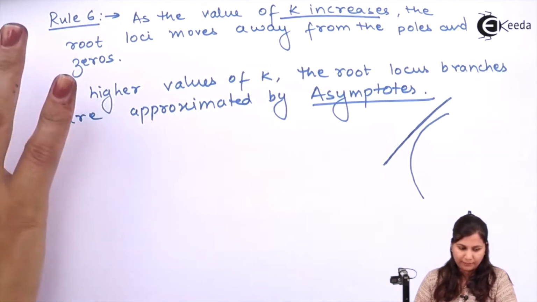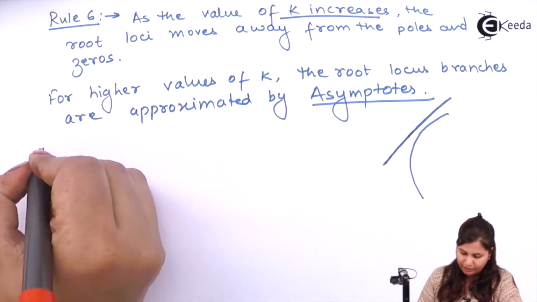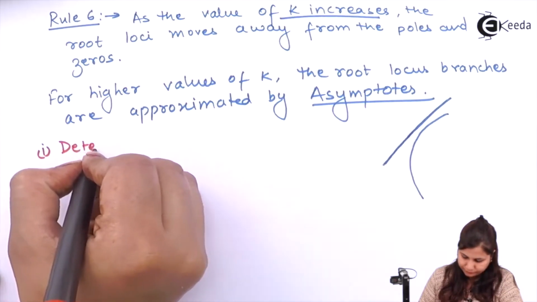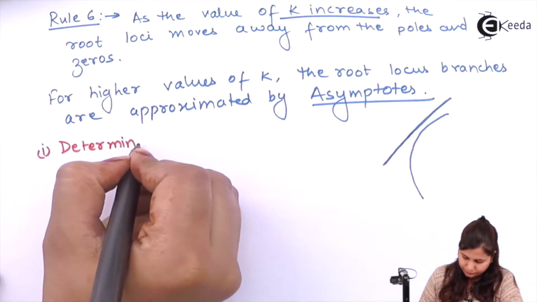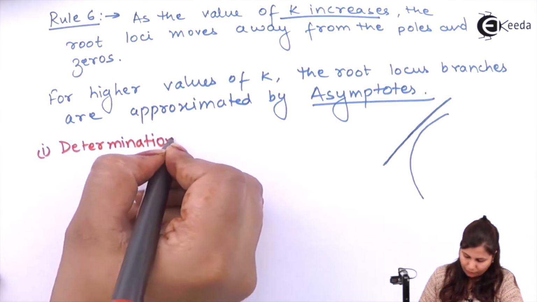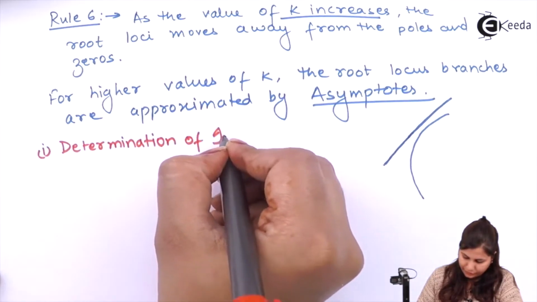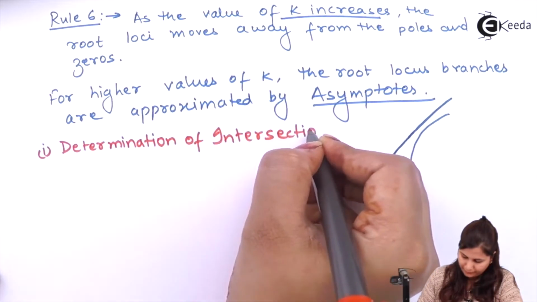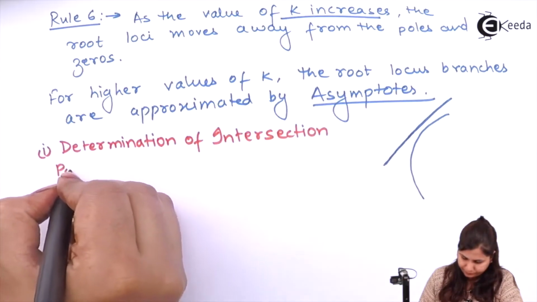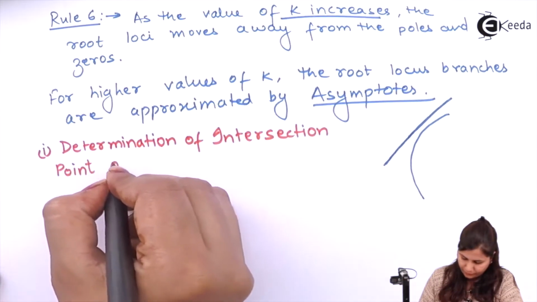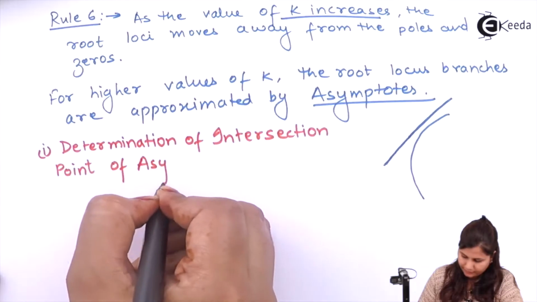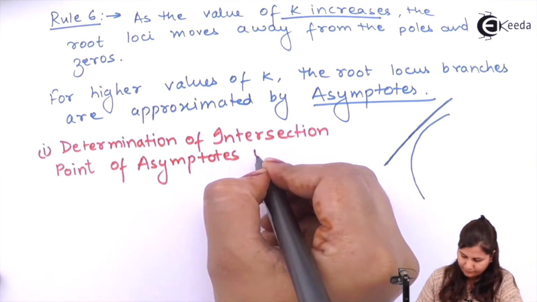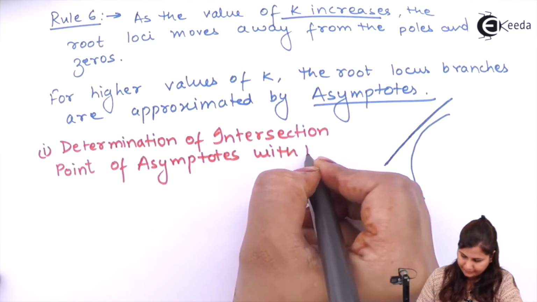So in this rule number 6, we first have the determination of the intersection point of asymptotes with the real axis.